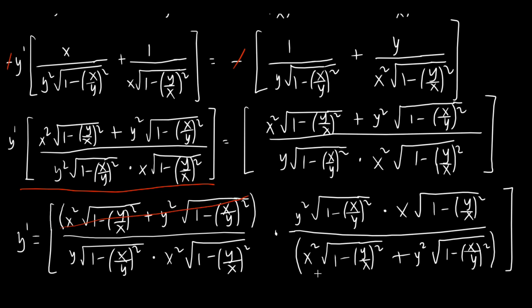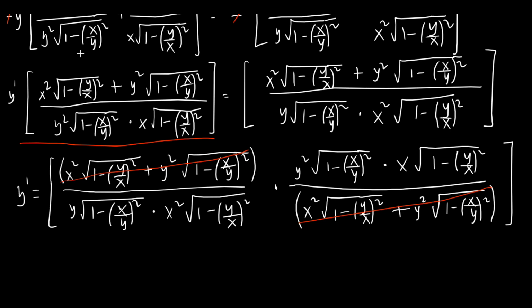This term will be cancelled and this term will be cancelled because it is just 1. And then this multiplication, this term and this term will be cancelled. This term and this term also can be cancelled.